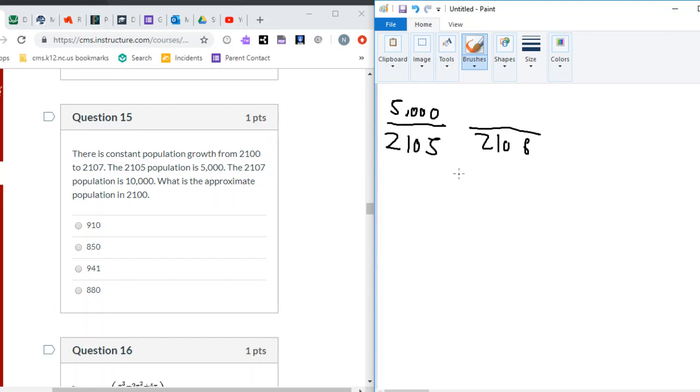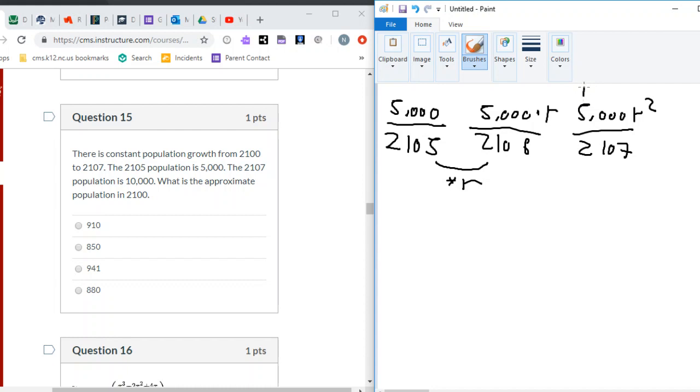So we're going to call each year the population is going to grow by an amount called R. 2106 has a population of 5,000 times R. 2107 has a population of 5,000 times R squared.